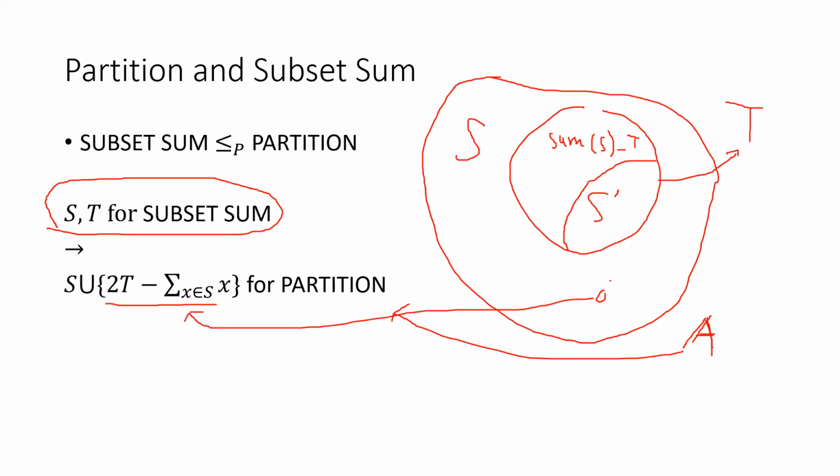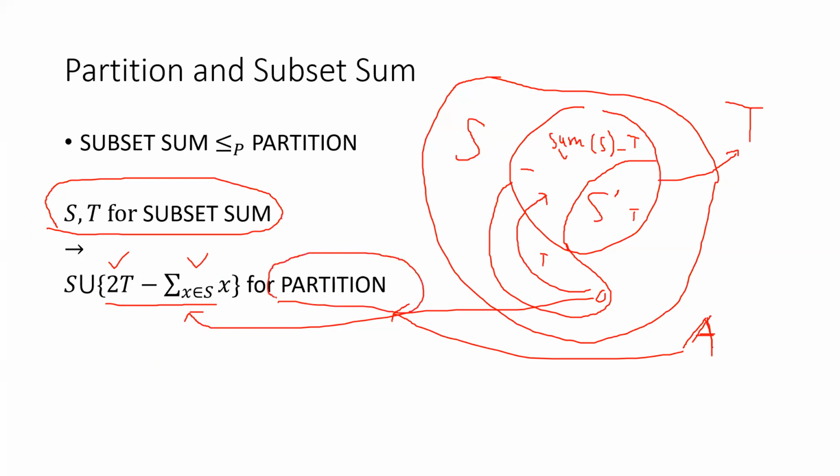So if you put this into here, then I think what you get is T, right? Because this one is equal to this, and you have 2T here, you minus 1T here. So the sum of this part will be also T, and the sum of this part is also T. So the partition problem can be solved. It has a legal partition.